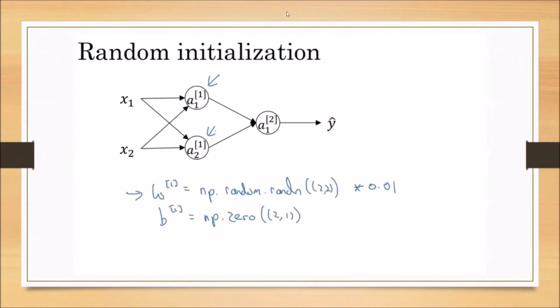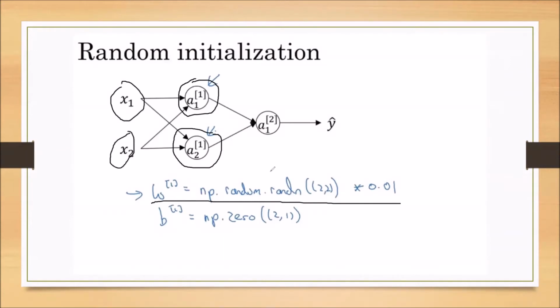Now first, for W1, instead of zeros, we are taking random values. Already we discussed the difference between rand and randn. This randn is a 2 by 2 matrix, because the activation units are 2 and the input features are 2, so the W matrix is a 2 by 2 matrix.